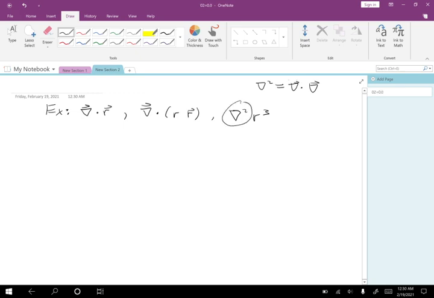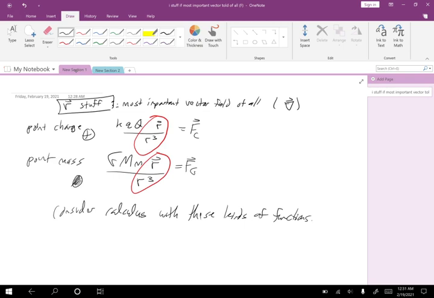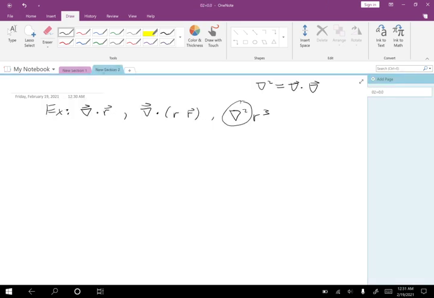And this is super important, because as it turns out, the divergence of this quantity is 0, and the Laplacian of 1 over r is 0. This is clearly not true for r cubed, but it's good to get some familiarity with the Laplacian.